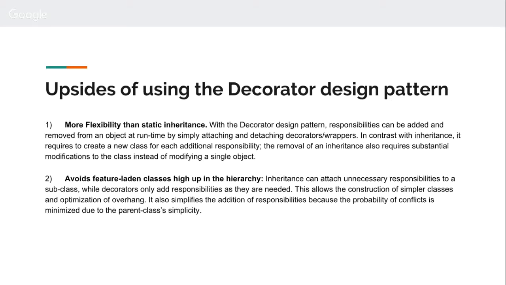So instead, you can create micro classes and add those as you see fit. So basically, the decorator design pattern allows you to modify objects without having to modify classes or have grand classes that cover all the possibilities that you might need.